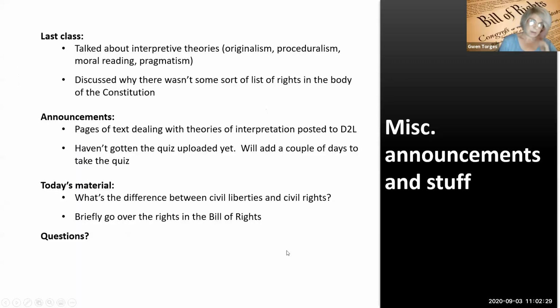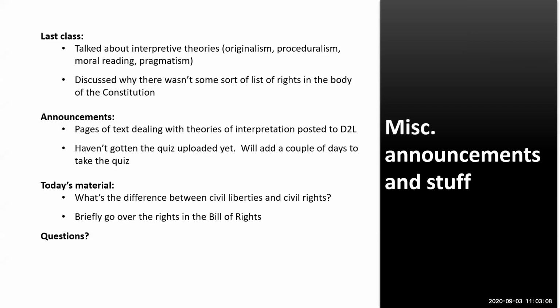So last time we talked about interpretive theories, and your book clumps them into four: originalism, which looks to history when the meaning of the Constitution is ambiguous. There are two flavors of originalism. The first is about looking for the intent of the authors, and the writings of those who were at the Constitutional Convention or who wrote about it, defending it and trying to get it ratified.